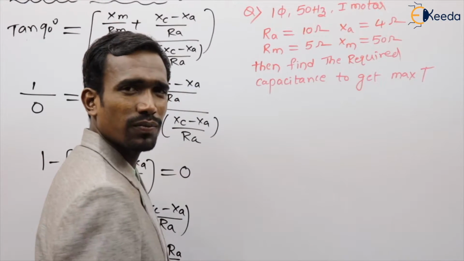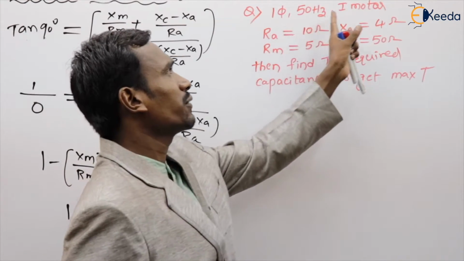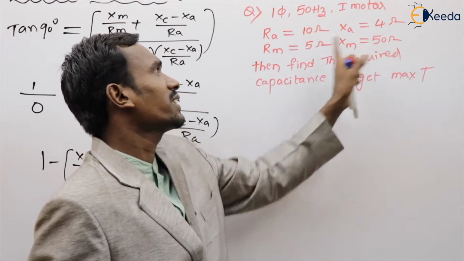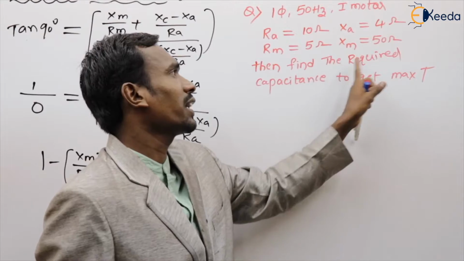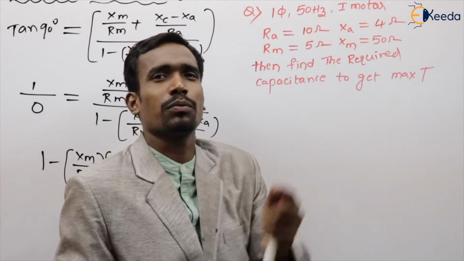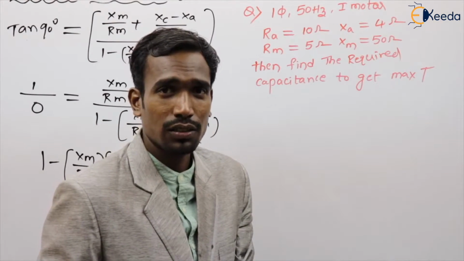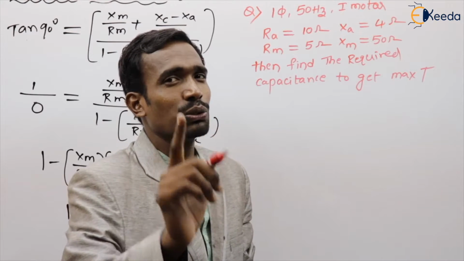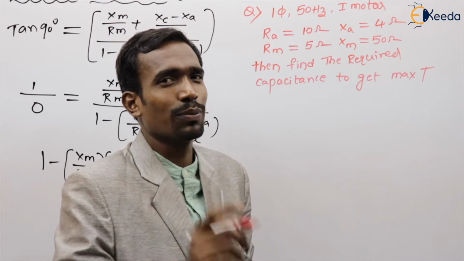This is the question. A single phase 50 Hz induction motor, Ra and Xa, Rm and Xm. Then find the required capacitance to get maximum torque. Tell me the answer. Pause the video, solve the question and give me the answer.